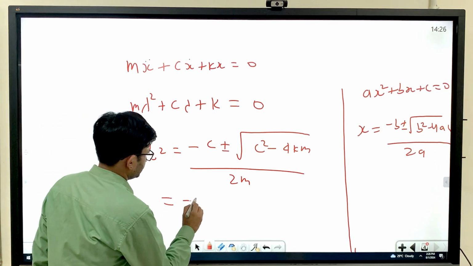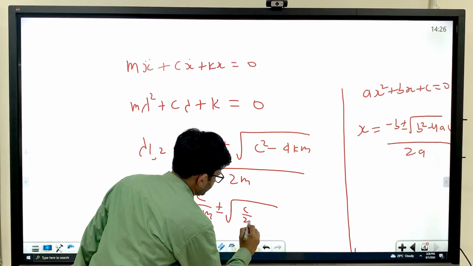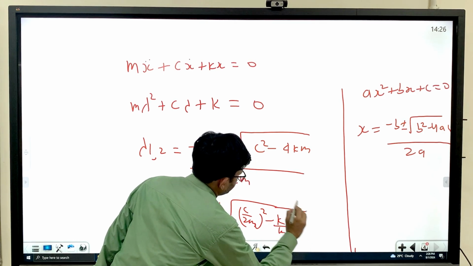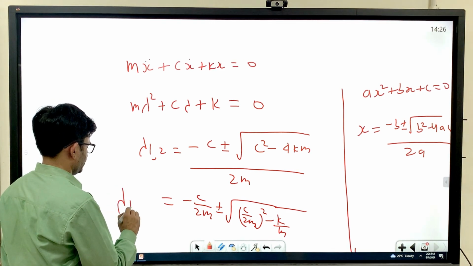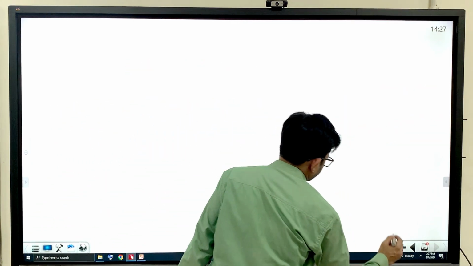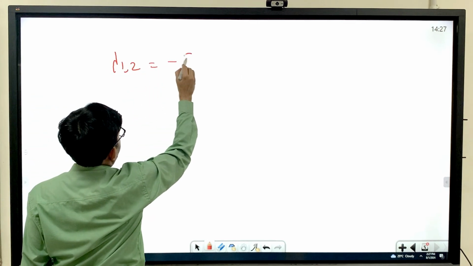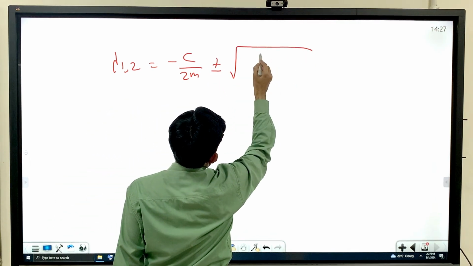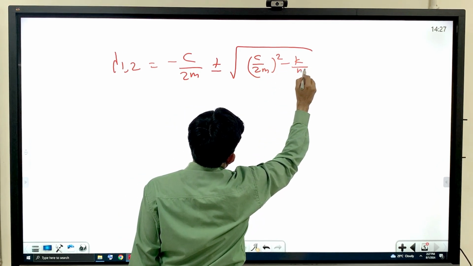Now I will take this inside, you agree with me, right? Lambda 1, 2 equals minus c by 2m plus minus under root of c by 2m whole square minus k by m.